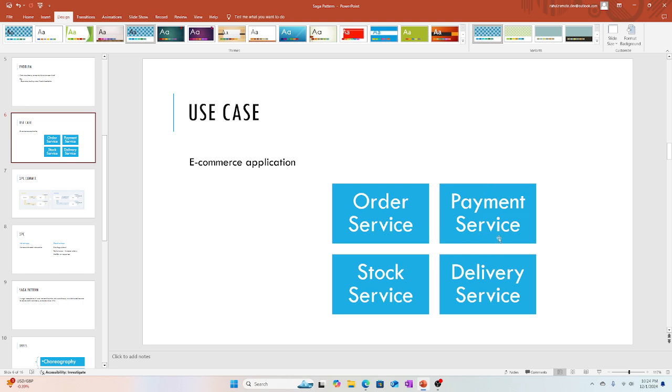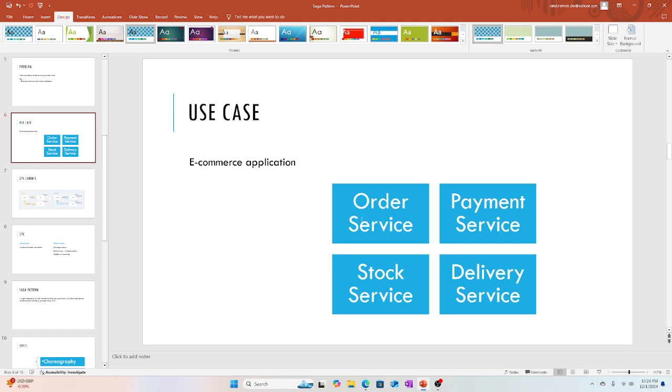After getting the payment, the stock service will update the stocks and the delivery service will deliver the product at the consumer address.